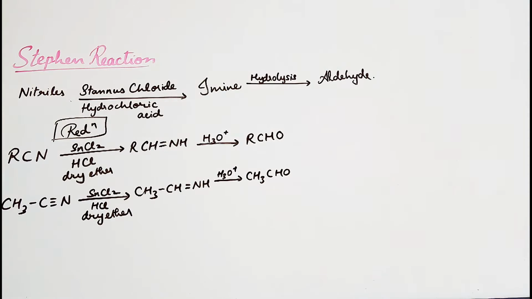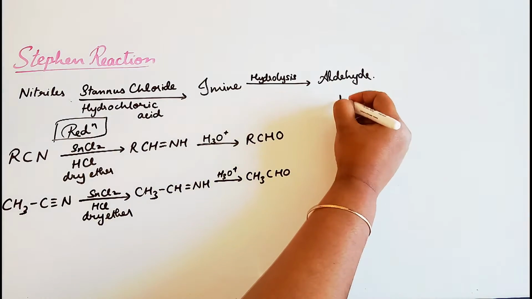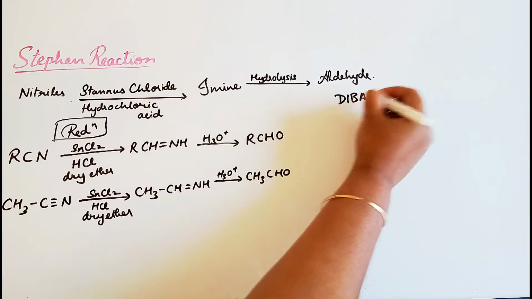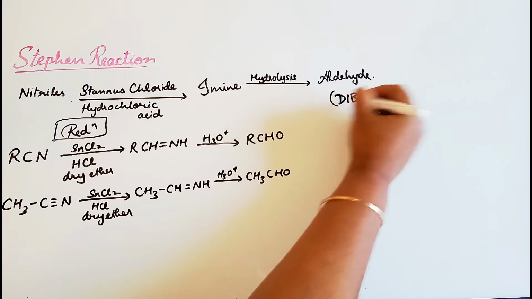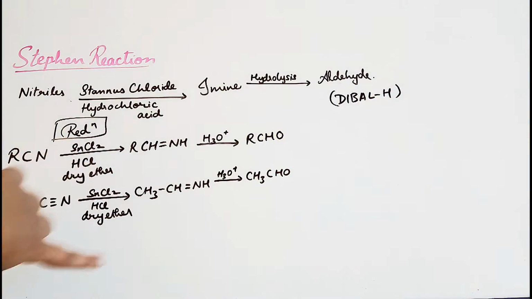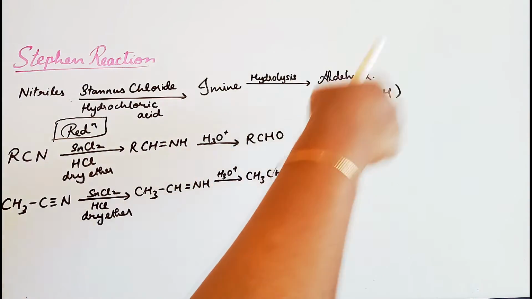Nitriles can actually be selectively reduced by using a substance called diisobutyl aluminium hydride, that is DIBAL-H.